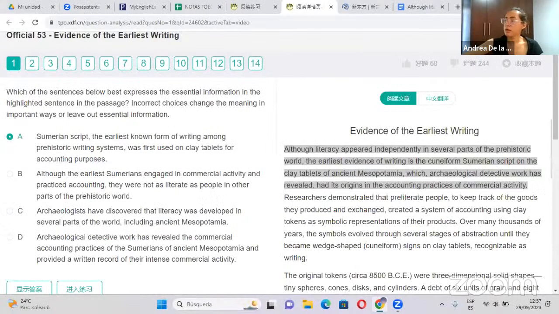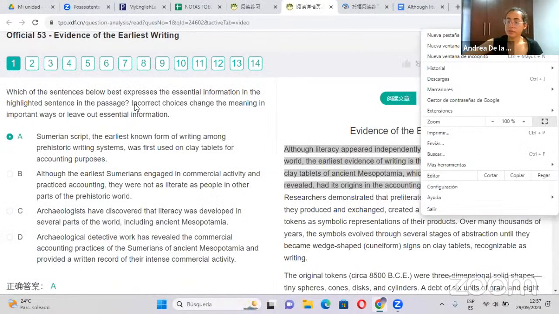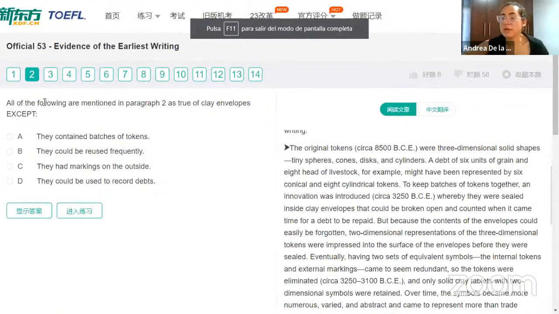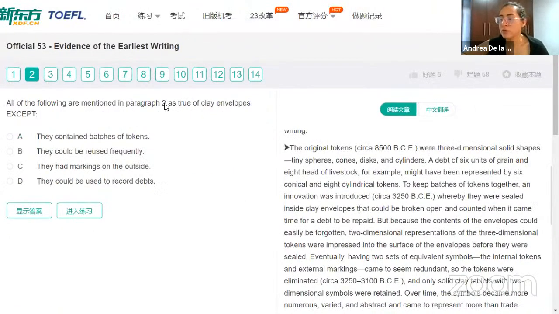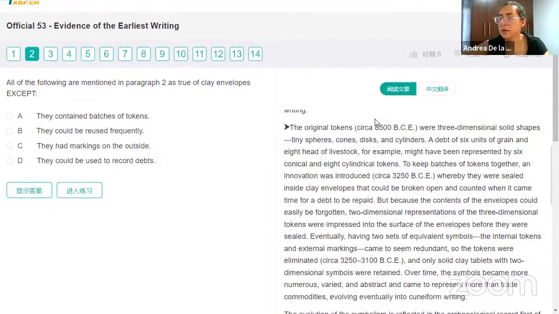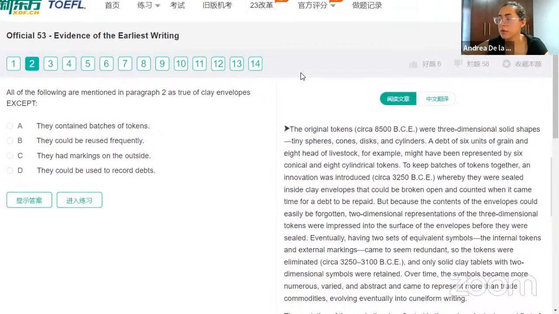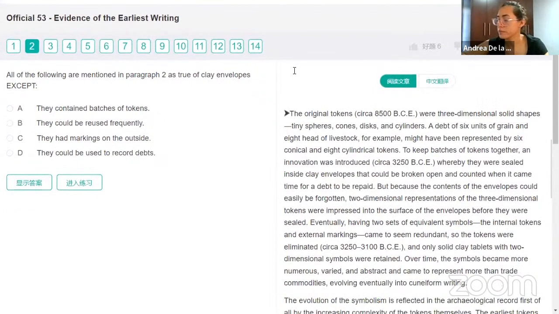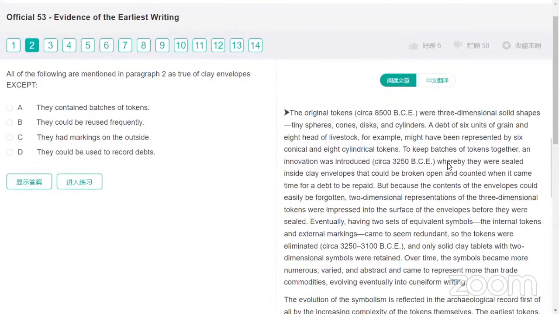Okay, muy bien. Okay. The next one says, all of the following are mentioned in paragraph 2 as true of clay envelopes, except, here's paragraph 2. Teacher, what is clay?